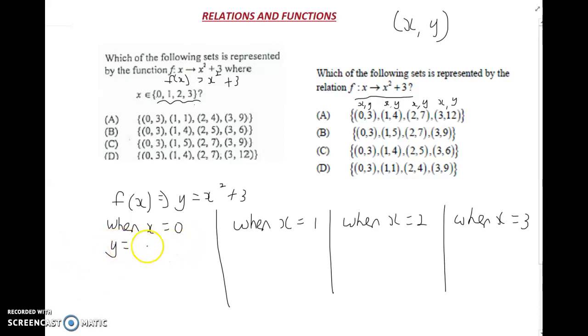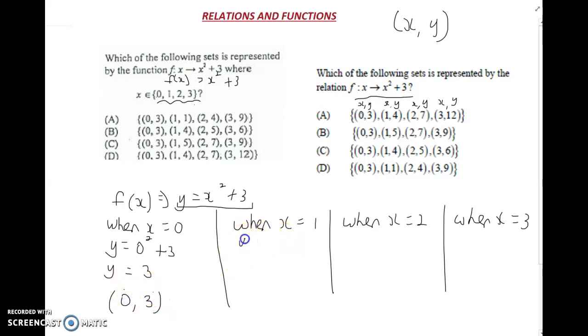So I'm not going to write over the same thing again. I'm going to substitute values one time. It'll be 0 squared, wherever you see the x, put 0, plus 3. 0 squared is 0, and 0 plus 3 is 3. So my x value is 0, and my y value is 3. When x is 0, y is 3.